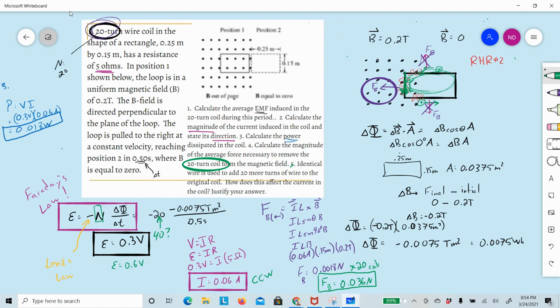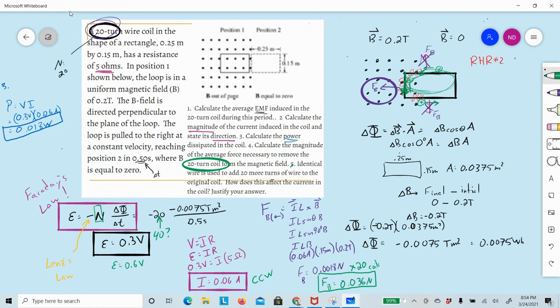And it's the same thing. We would get 0.6 here. How does that affect the current in this wire? We would get double the voltage. But if we double the number of loops, we're doubling the length of wire.